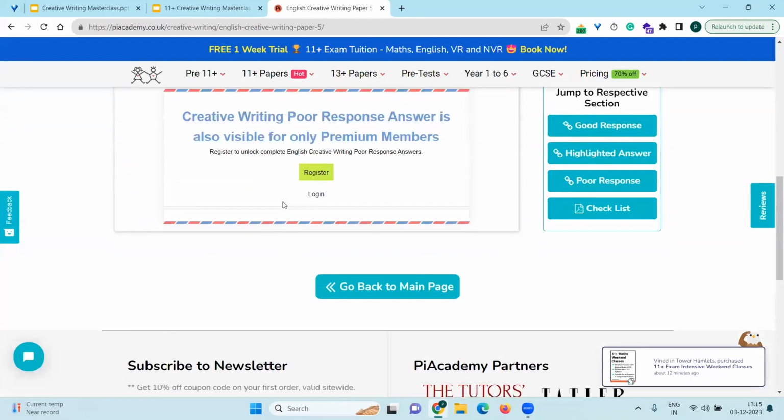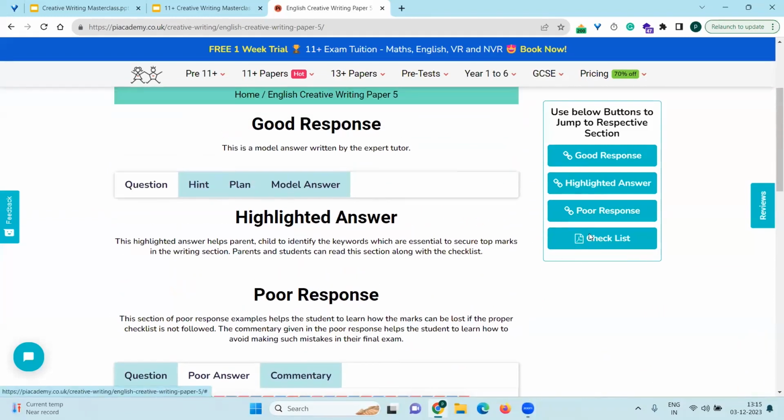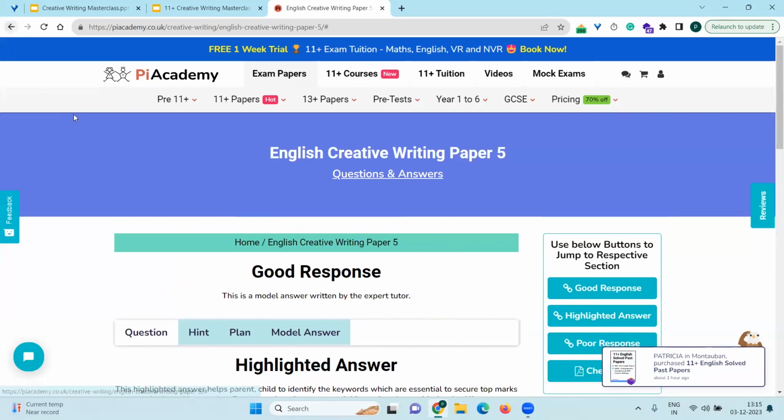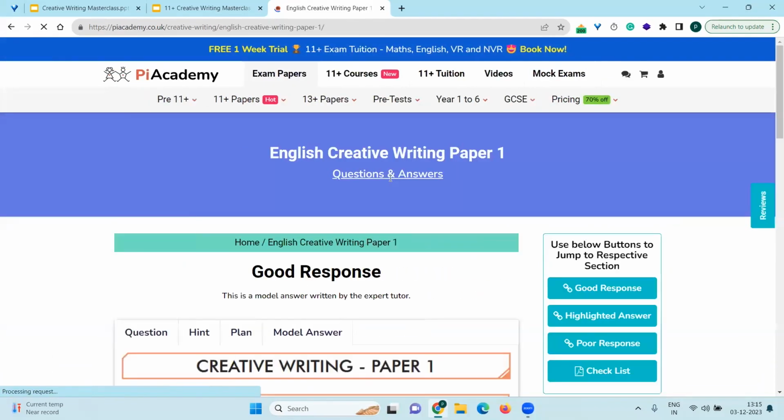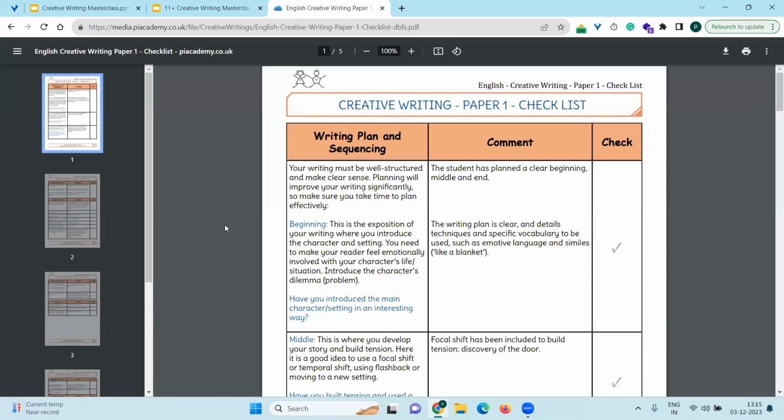So there's the question and the poor answer. Obviously, you'll have to join in order to see these things, but this is where you can have a look at some examples. For every subscription, we have a free sample paper. You can go through the free papers without having to subscribe. And over here, you can essentially see what you would be getting with the subscription.